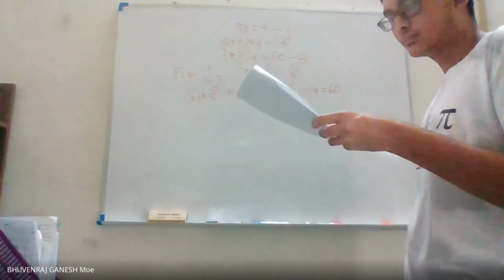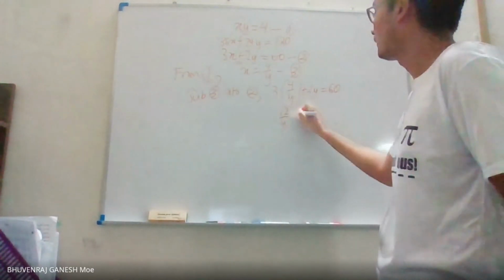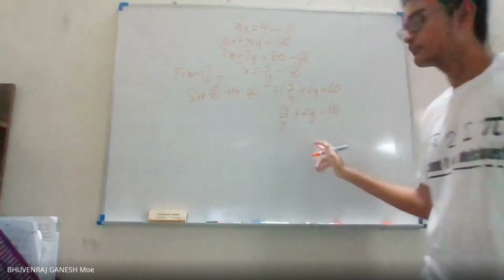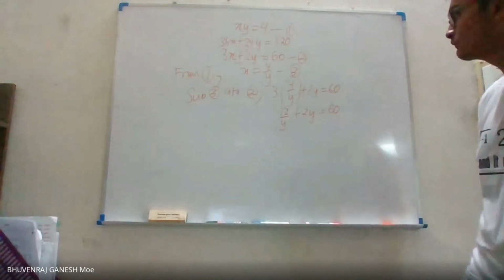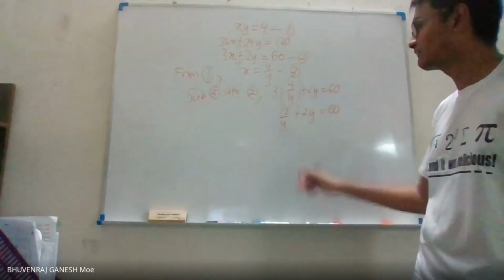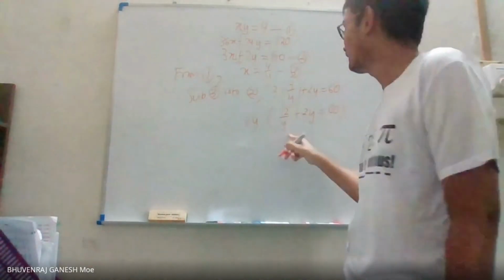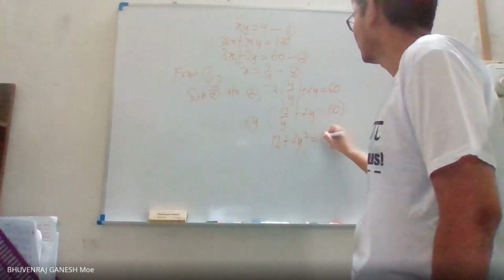So you have to simplify this, and then you'll form the quadratic. 12 over y plus 2y is 60. So this part here, right? What can you do to make it quadratic? Times y. Times the whole equation by y, right? Yeah. So y and y you eliminate. 12 plus 2y squared is 60y.